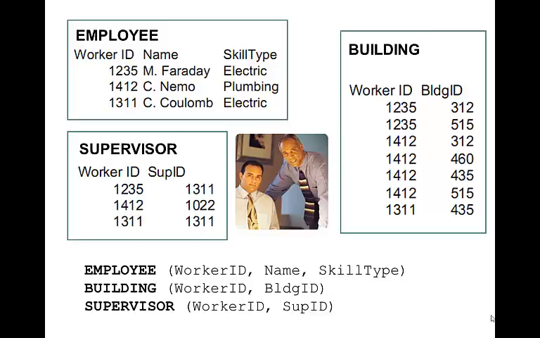He has worked in building 312, building 460, and building 315. He's worked in 4 of those buildings. We have a list here with worker IDs and the ID of the superintendent. So we can see that Faraday's supervisor is the one with ID 1035.